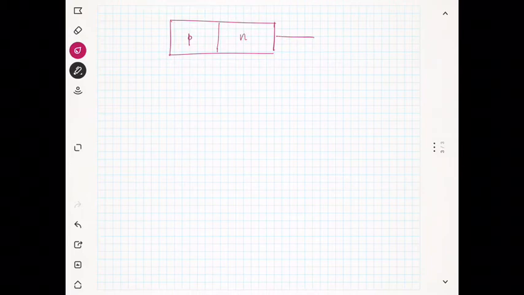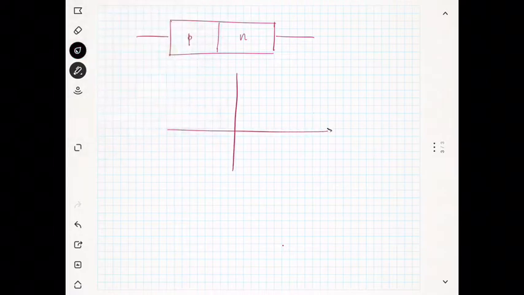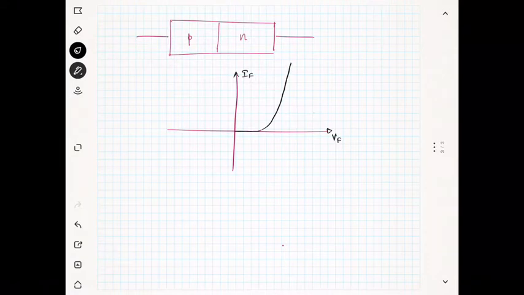The Zener diode is also like the normal diode, a standard diode with P and N type semiconductor. In the standard diode, whenever you increase the forward voltage, the forward current increases, and you get the characteristics like this, with 0.7.